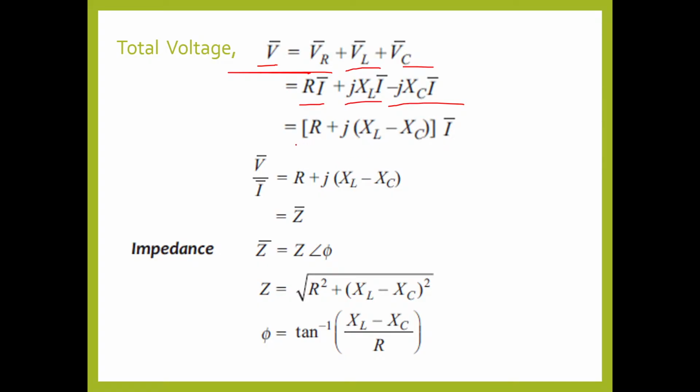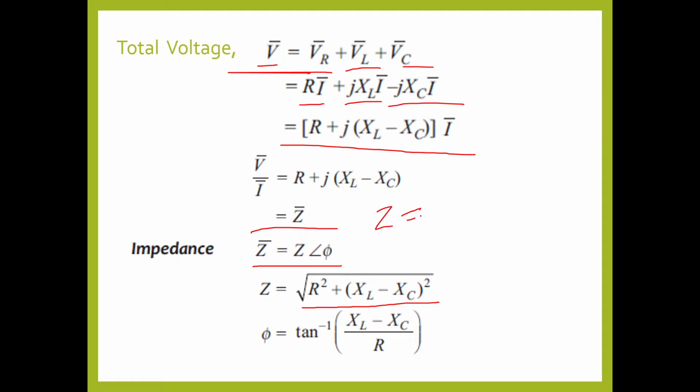So here take I common, you will get V is equal to R plus J (XL minus XC) times I. Send I to the other side, you will get Z. Z is what? Vector Z is magnitude at an angle. Magnitude with its angle is nothing but a vector. So Z is nothing but root of R square plus (XL minus XC) whole square.